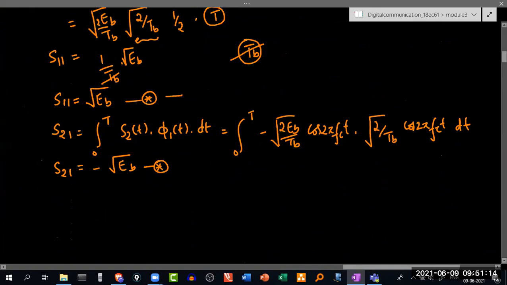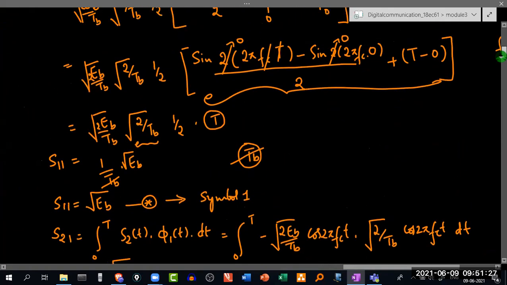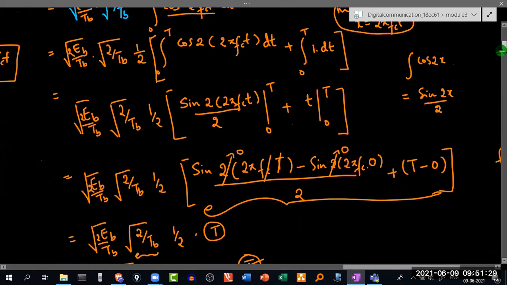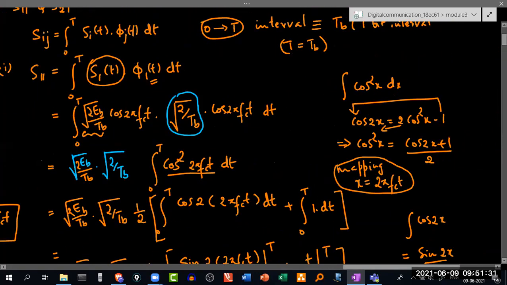So this S11 is for symbol 1. Why is this for symbol 1 or bit 1? Because for S11, we had integrated signal S1 of t, and we had used signal S1 of t to represent M1 of t, where M1 of t was our symbol 1.